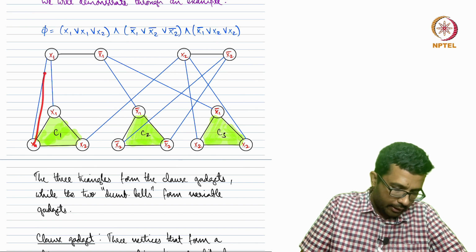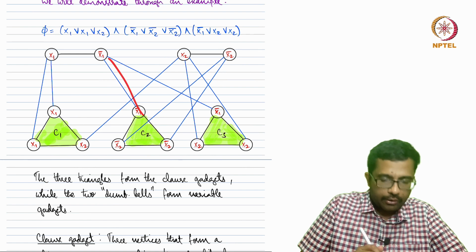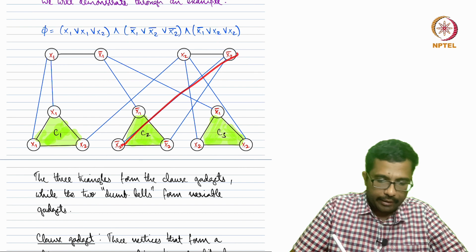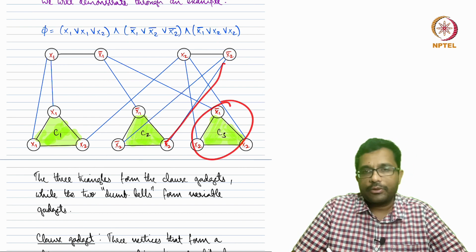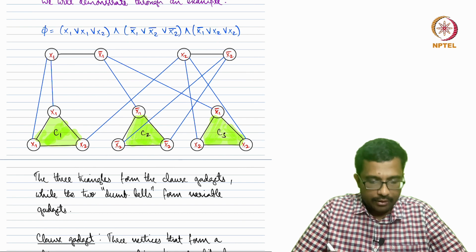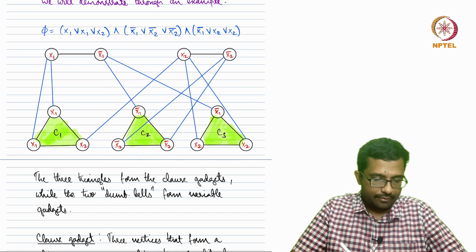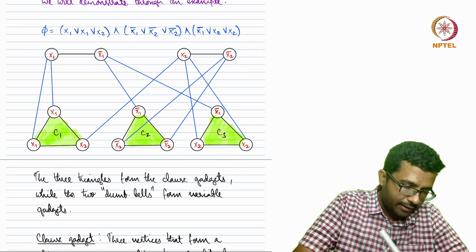So x1 you connect, x1 you connect, x2 you connect to x2. Here it's x1 complement, so you connect to x1 complement, x2 complement connected to x2 complement, and so on. Same thing for C3 also. So this completes the construction of the graph. G is complete.